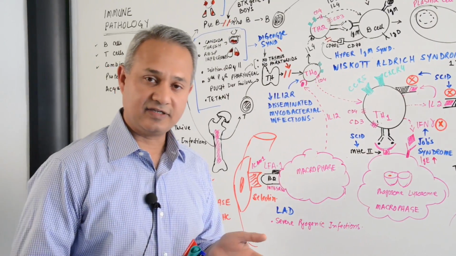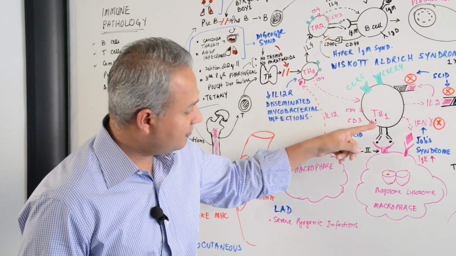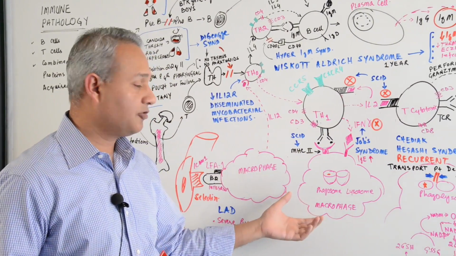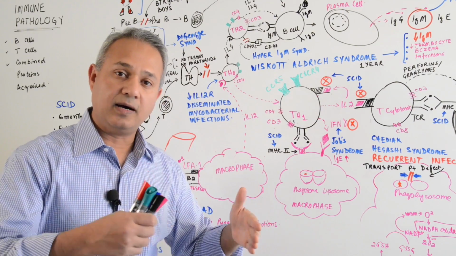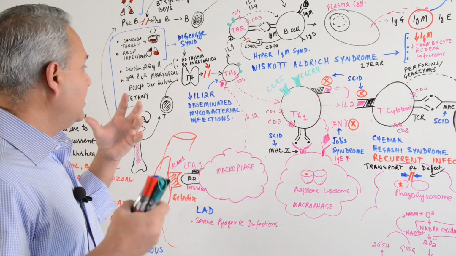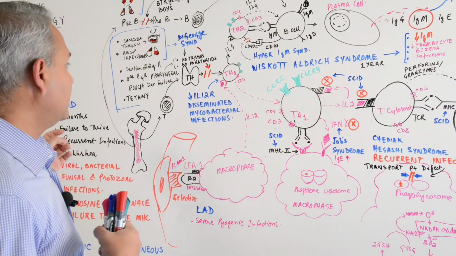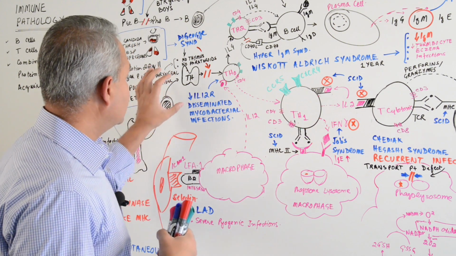Mycobacterium is intracellular, and intracellular pathogens are taken care of through this path. Neutrophils and macrophages, especially macrophages once the acquired arm works. So let's talk about that. Let's say there is mycobacterium that came into my lungs. Actually I've worked in the TB ward, so maybe it may be in my lungs. So that comes into my lungs.